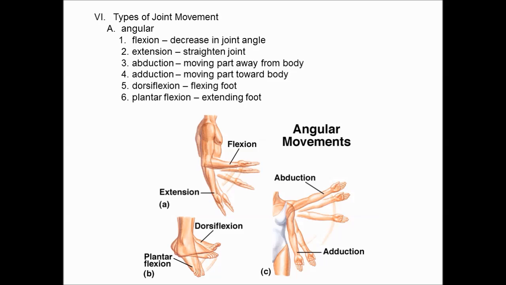You're decreasing the angle at the elbow, where extension is the opposite, extending the limb. Abduction and adduction refer to the movement of the appendage away from the core or the trunk of the body. Adduction is moving towards, and I always remember that by the word add. You're adding the arm to the body.